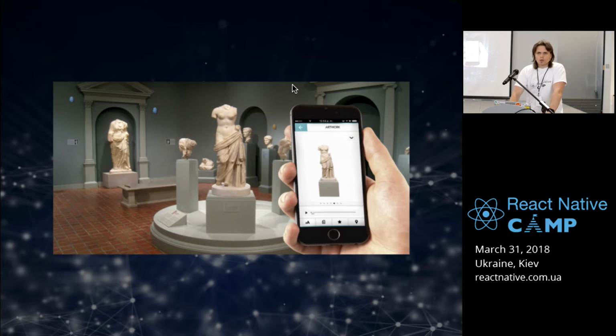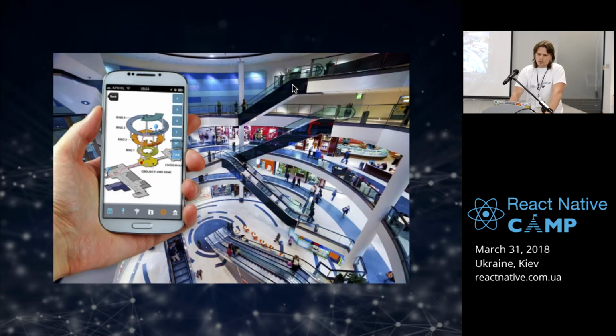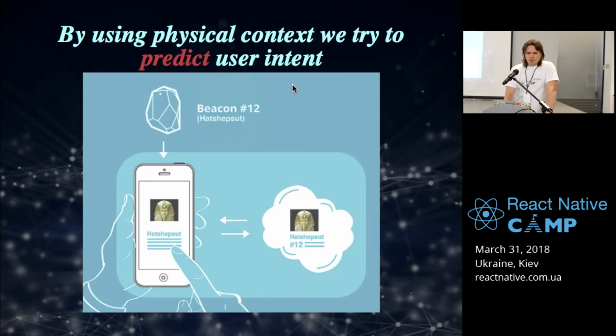When you download the museum app and you go to a specific exhibition, you get an audio guide in the app. Navigation, as I told you, inside airports or malls, when you don't know where to go, the map doesn't help. This is really crucial. So how it works: the beacon transmits to the device, the device gets the custom data from the cloud, and displays whatever we want.